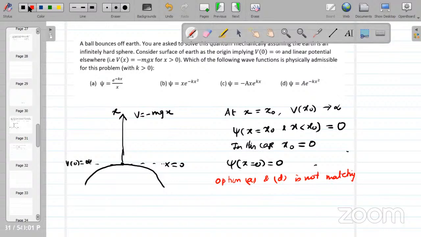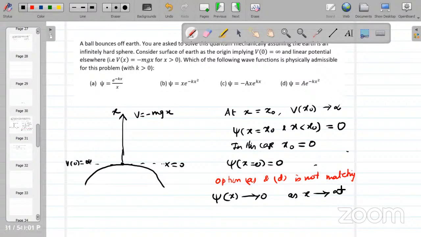So what is the point? Look at the second point: psi has to go to 0 as x goes to infinity.